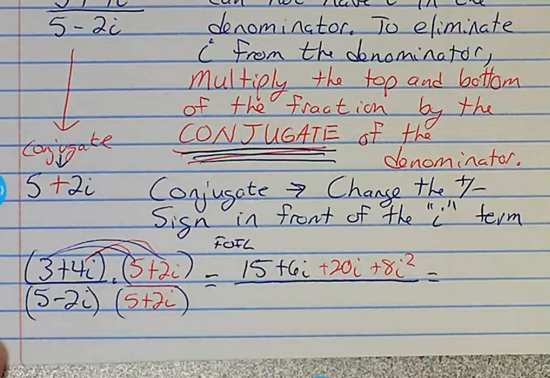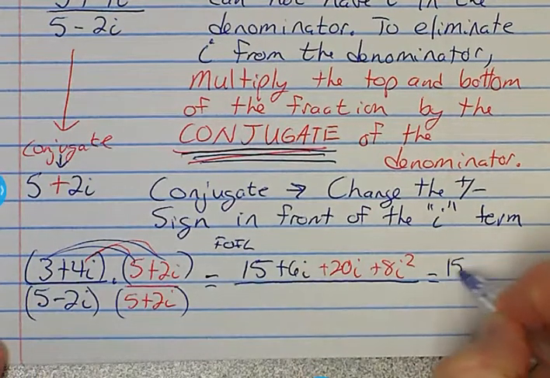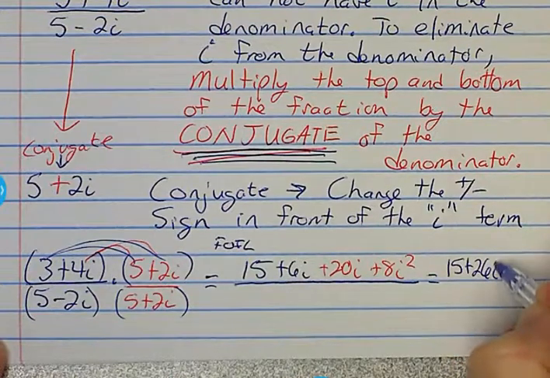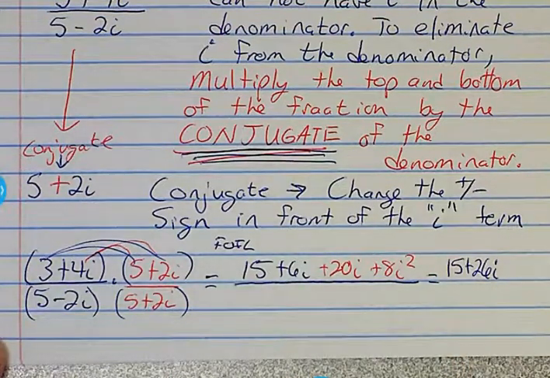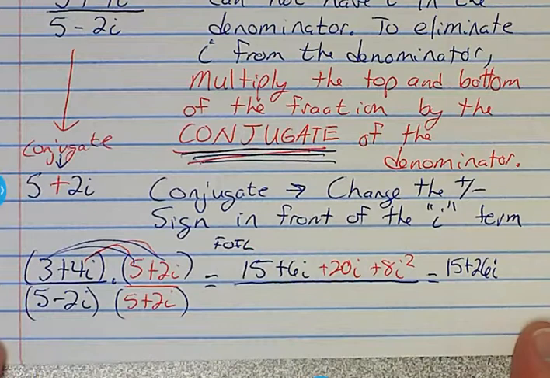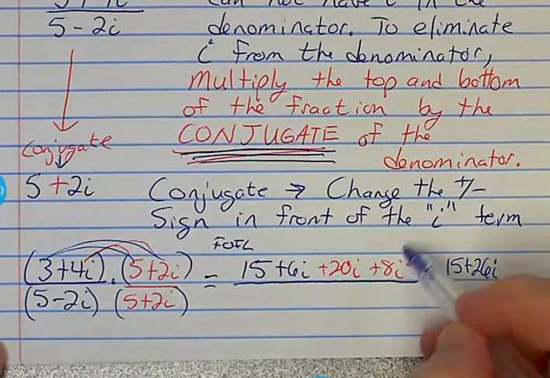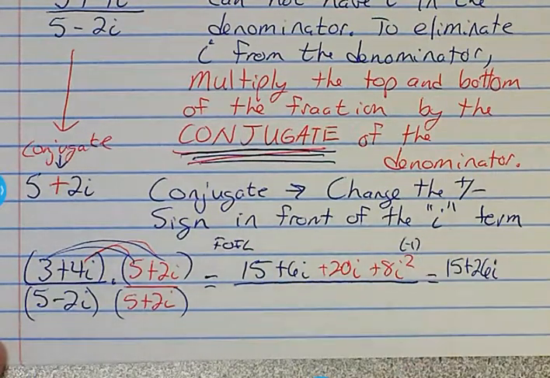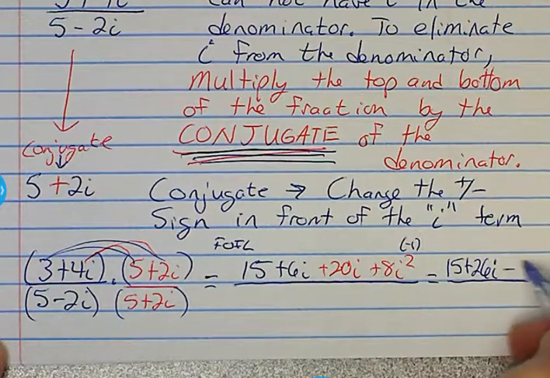Okay, and when you do the full method, again, there's always two things you can do. The middle two terms, you can add or subtract those together. The good news is everything here is all positive, so it's just 20 plus 6 for 26i. And then the other thing that we're going to do is take out this I squared and replace it with negative 1. So 8 times negative 1 would make that a negative 8.